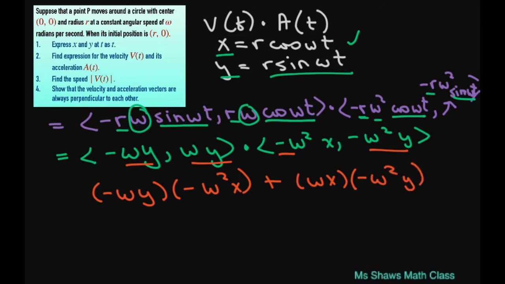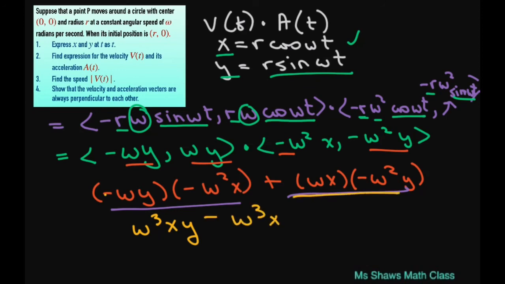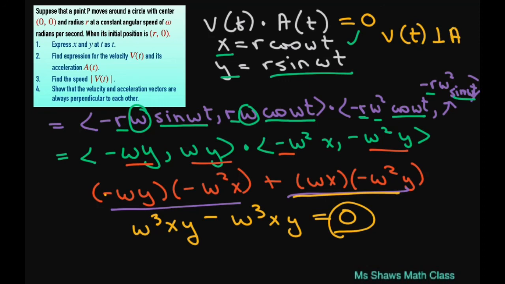When you figure all this out, this is going to give you omega cubed xy, because we have two negatives there, minus omega cubed xy, and it equals 0. Since it equals 0, that means our velocity of t is perpendicular to our acceleration of t. So our velocity and acceleration vectors are perpendicular.